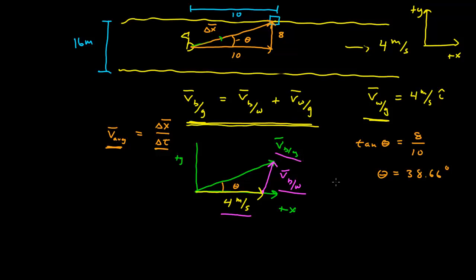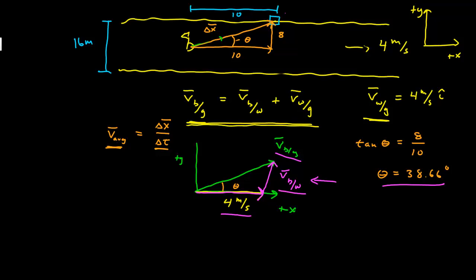And so what I'm asked to do is find the smallest value of the magnitude, the smallest speed of the boat relative to the water, that is going to get me to this point on the shore. And the answer to that is the smallest length of vector that can still create a triangle between a vector along the x-axis and a vector pointing at an angle of 38.66 degrees from the x-axis.